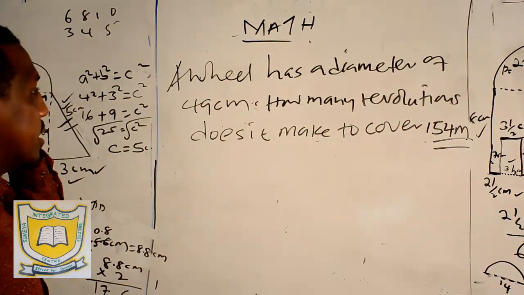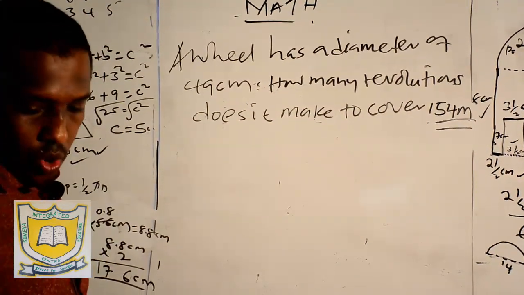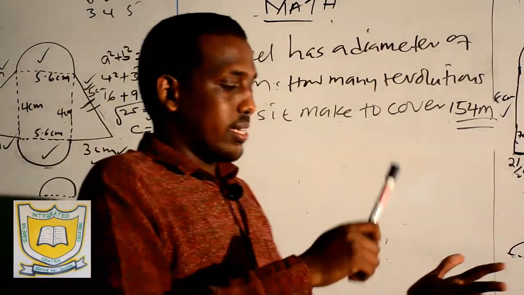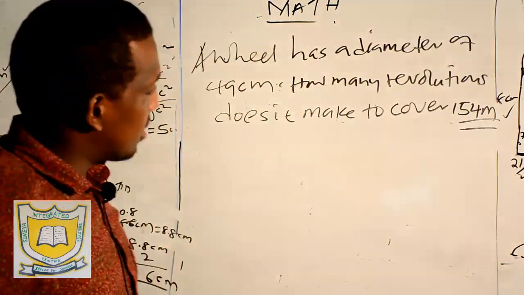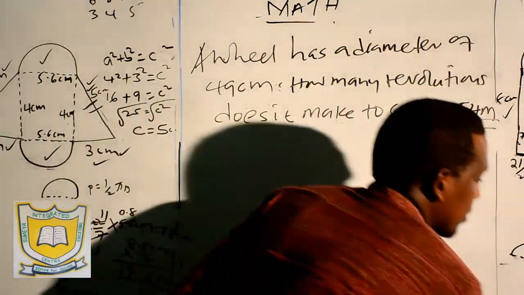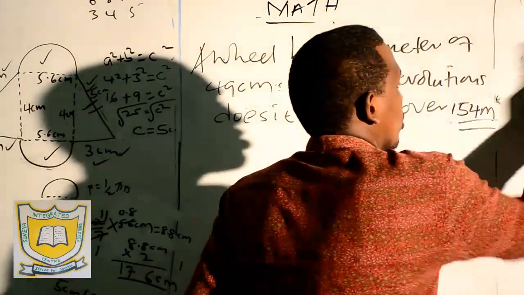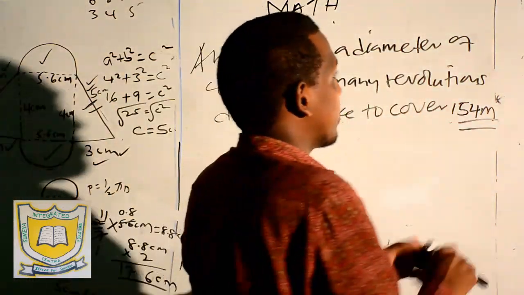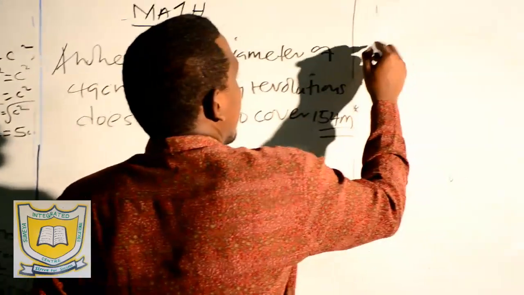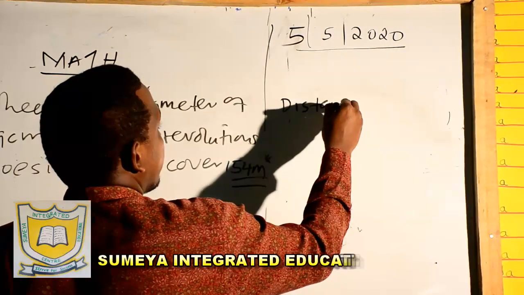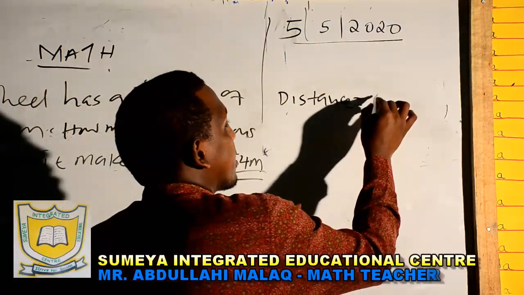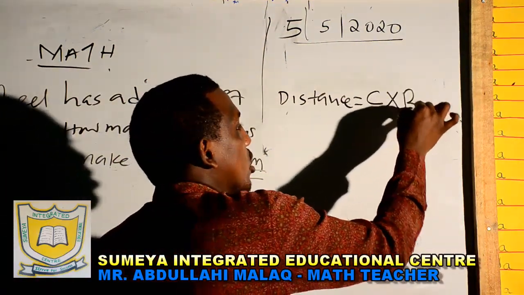Remember, they are asking revolution. We have revolution, distance, and circumference. This question involves those three formulas. So whenever you are asked a distance, how do we get the distance? Distance equals circumference times revolution.